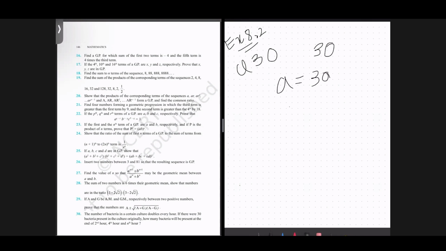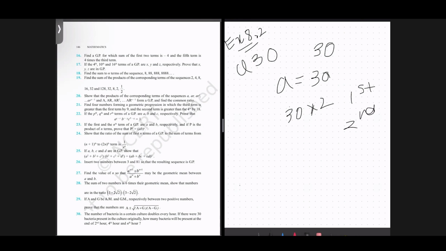As the bacteria double every hour, at the end of the first hour, the bacteria inside the culture are going to be 30 into 2. How did we get there? Because we have been told that they double every hour. At the end of first hour, they are going to be 30 into 2.